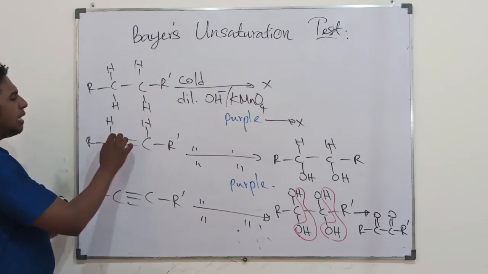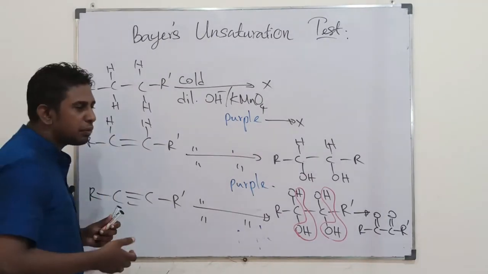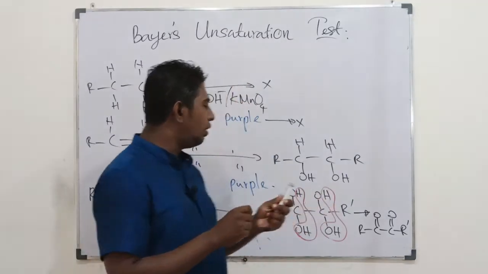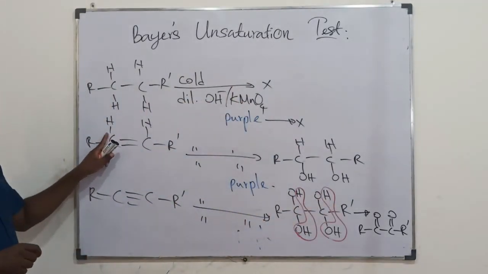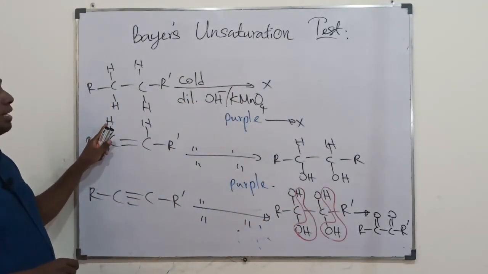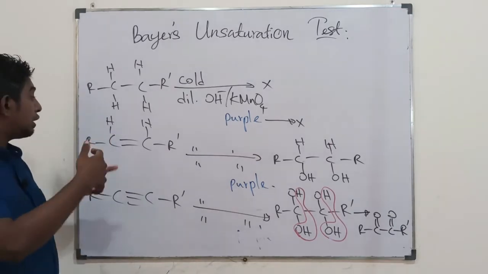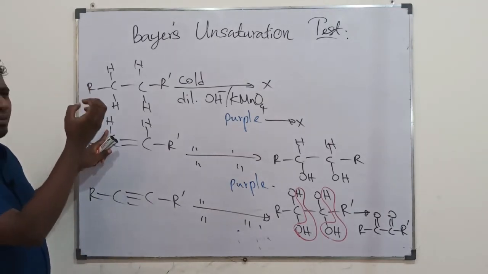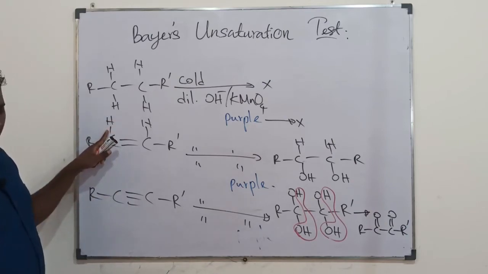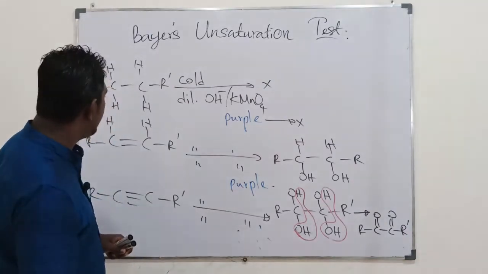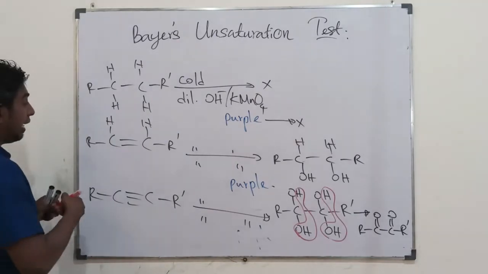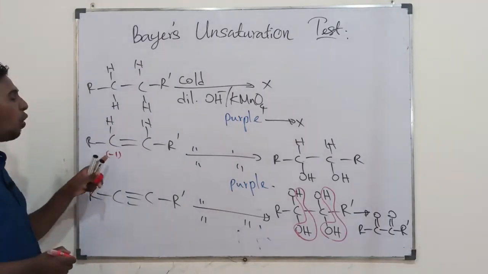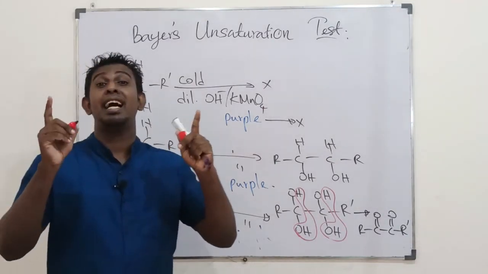But there, having a CH bond, C is more electronegative than H. Therefore, this carbon would be slightly negative and this hydrogen would be slightly positive with respect to this bond. This bond electron therefore would be drawn more by the carbon. Therefore, it has partially taken an electron. Therefore, it is -1, the oxidation state of that carbon.